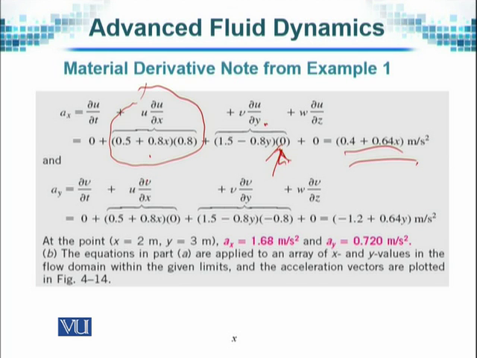For u dv by dx, since there is no x in the v component, the partial derivative dv by dx will be 0, and the whole term reduces to 0. The only non-zero term in this case is coming from here. We substitute the relevant value, and this is what we obtain.